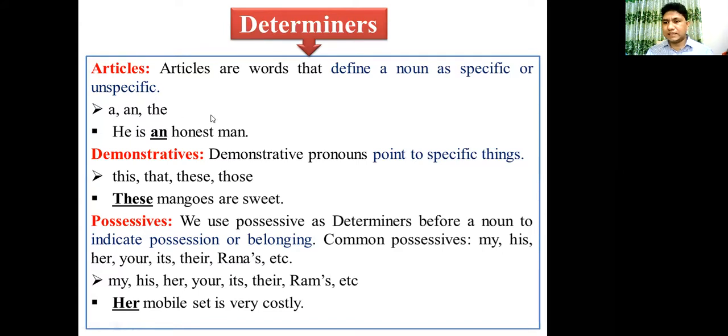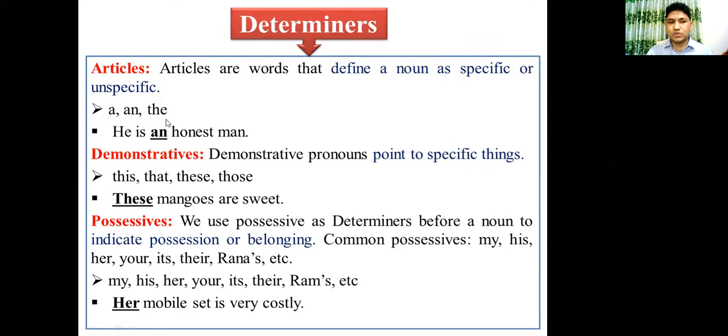Okay, you know that there are two types of articles. One is the definite article, another one is the indefinite article. You know, a and an are used as indefinite articles and the is used as the definite article. So here is an example. Have a look. He is an honest man. Here the h is silent and the next letter is o. This is a vowel.